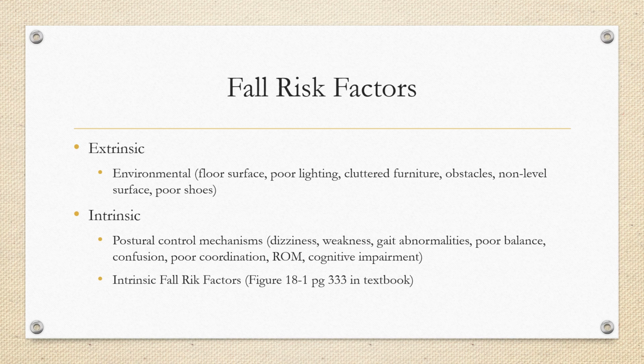There are all kinds of different types of risk factors, from the extrinsic, including environmental, such as the floor surface, poor lighting, furniture in the way, rugs, that sort of thing, to intrinsic factors: postural control mechanisms, weakness, gait issues, poor balance, etc. There are some other things listed in figure 18.1 in the textbook, page 333, and we'll be discussing these at more length today.